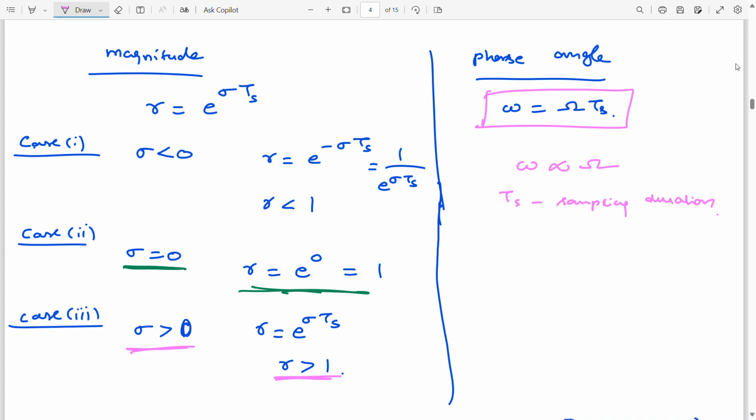Here Ts is representing the proportionality constant. So the analog frequency omega can be represented as digital frequency omega over Ts.